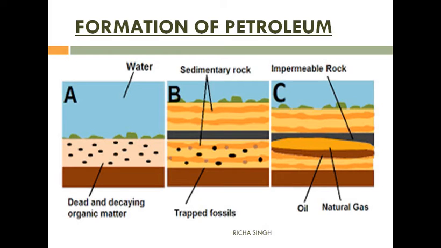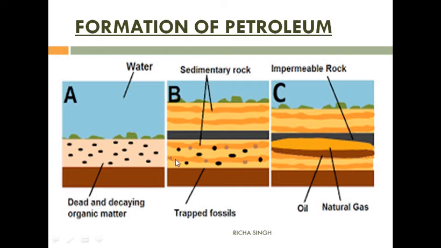The petroleum so formed passes through the rocks until it gets trapped in some impervious rock, and from that impervious rock, it is taken out. Before the rock, you will see a layer of natural gas, because it is a mixture, covering the crude oil, and it is known as natural gas.